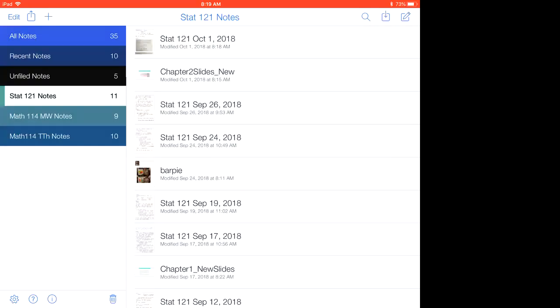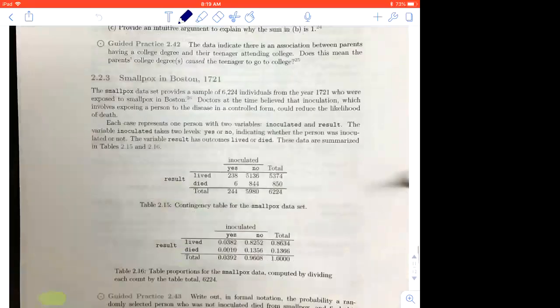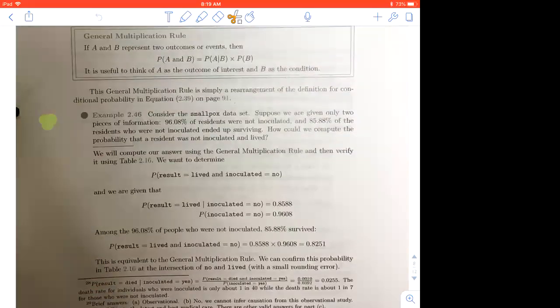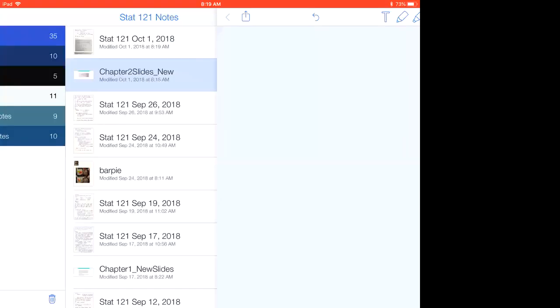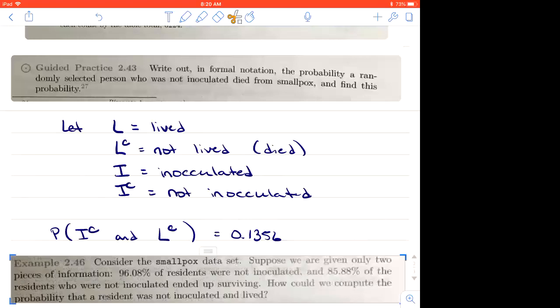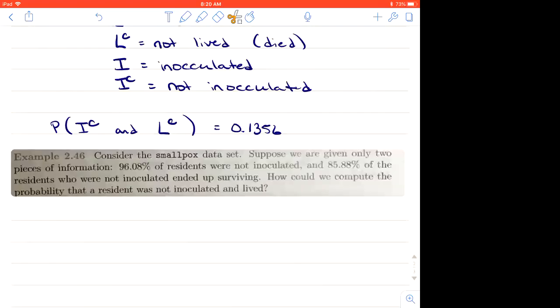How about something a little bit more involved? So now, let's say that we're only given two pieces of information, that 96.08% of residents were not inoculated, and that 85.88% of the residents who were not inoculated ended up surviving, right?